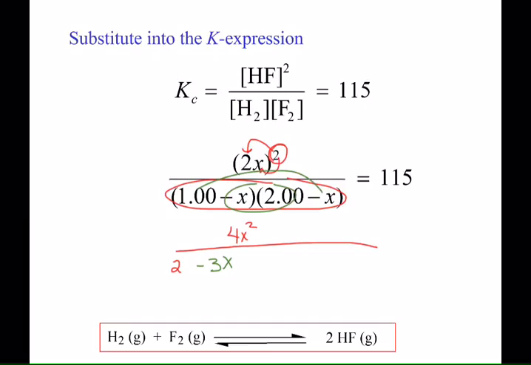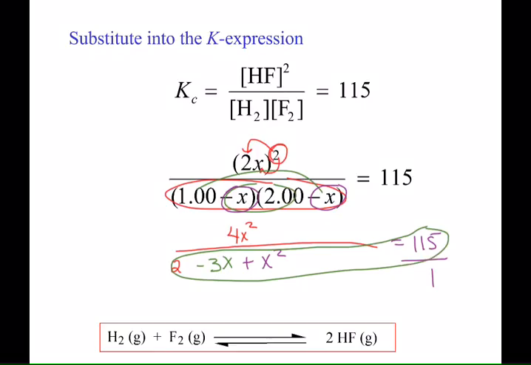Then my minus x times my minus x gives x squared. And that quantity is all equal to 115. I'm flattening this out so I can get it in standard form. I usually think of that 115 over 1, then cross multiply, so I basically have 115 times this mess is equal to 4x squared.